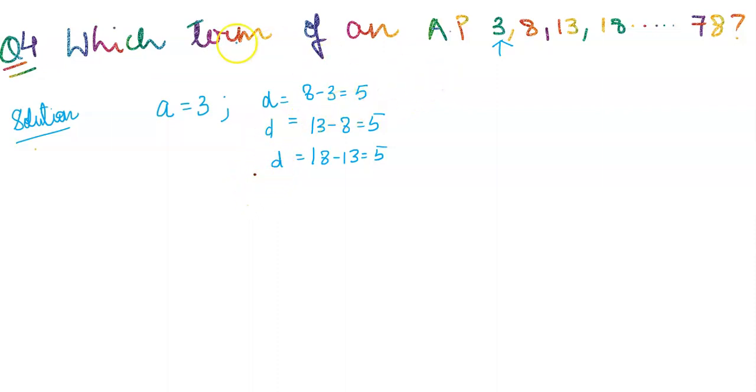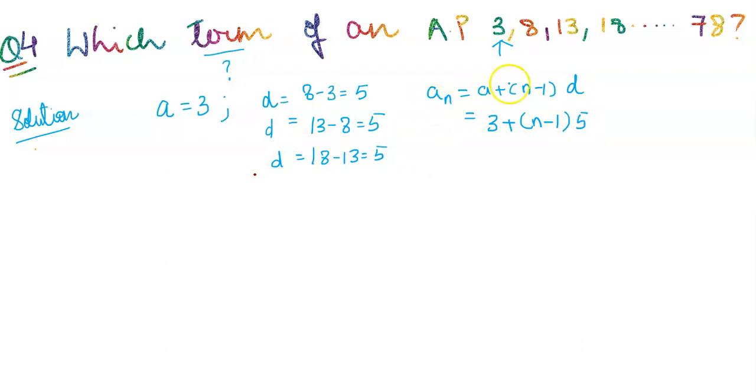Now the question is saying which term. We have to find which term. So as we know the formula, An is equal to A plus (n minus 1) into D. What is the value of A? It is 3. N we don't know, we have to find. N minus 1 into D. What is the value of D, students? 5.